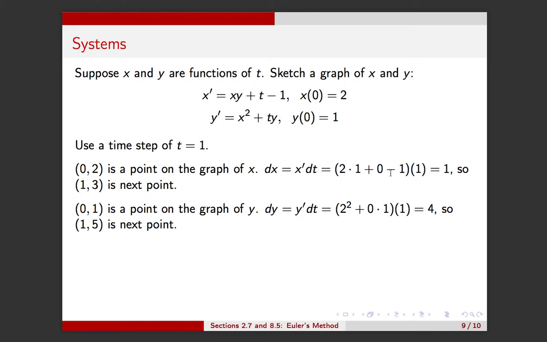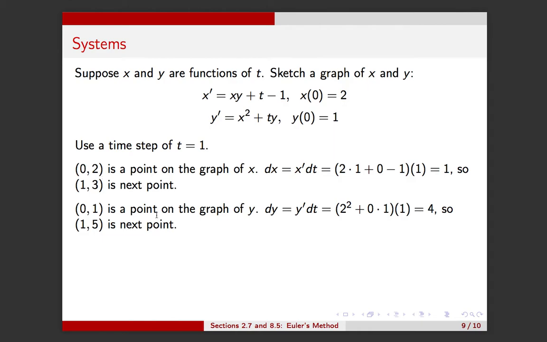So when t is 0, I put a 0 there, right? Here's x at that time, here's y at that time. Then I have a minus 1, and then times my step size, and I get 1. So if I take a step to the right of size 1 in time, x changes by 1. So if it used to be at 2, now it's at 3.